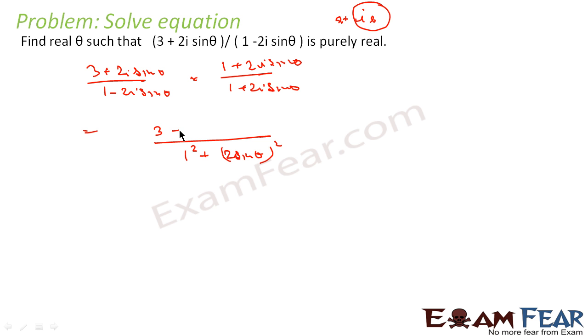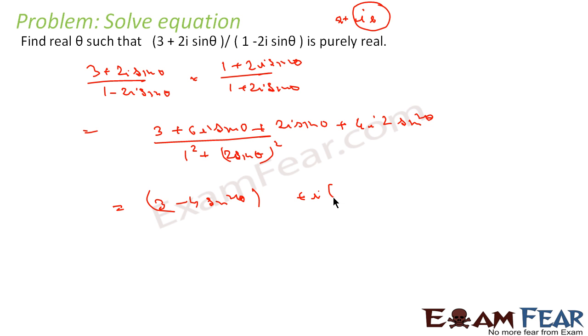Let's multiply this. 3 into 1 is 3, plus 6i sin theta, plus 2i sin theta into 1 is 2i sin theta, plus 2i into 2i is equal to 4i square sin square theta. i square is equal to minus 1. So this will become 3 minus 4 sin square theta plus i into 8 sin theta, by 1 plus 4 sin square theta.